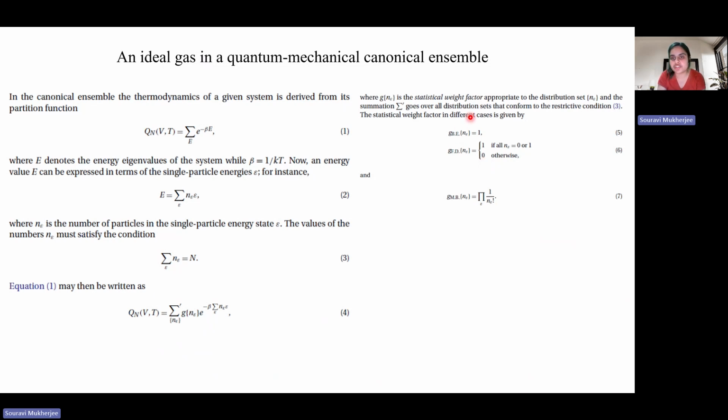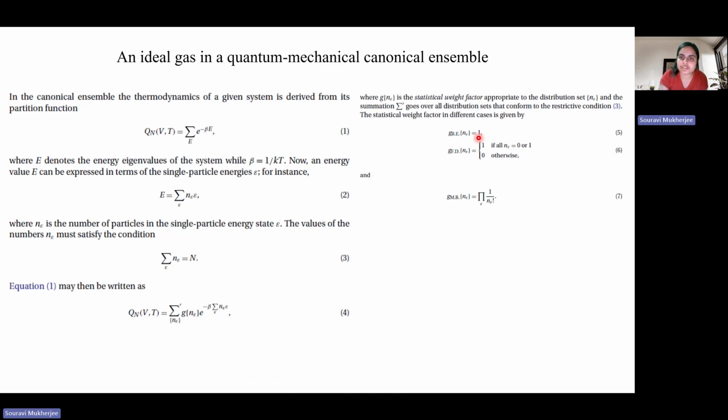So for such indistinguishable particles, the statistical weight factor comes out to be 1. For the Bose-Einstein case, it's always 1. For the Fermi-Dirac case, because there is a limit, n epsilon can be either 0 or 1. So when n epsilon is 0 or 1, this weight factor is 1. Otherwise, it's 0. This is something we have already discussed in the last class.